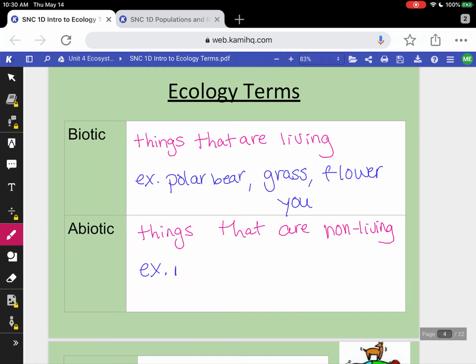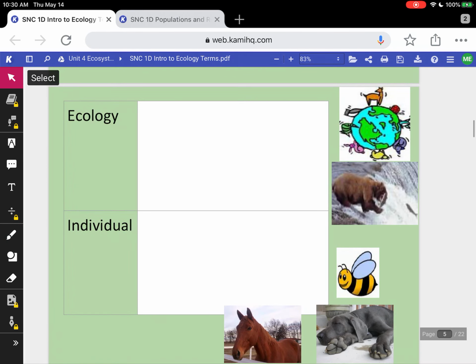And so some examples of things that would be abiotic would be like a rock, water, the wind, so like air, okay? Anything that would be considered not living. All right, so those are abiotic factors when we're looking in ecology.